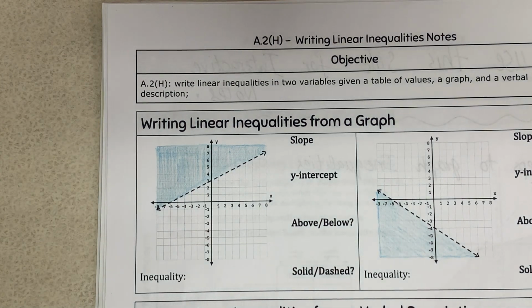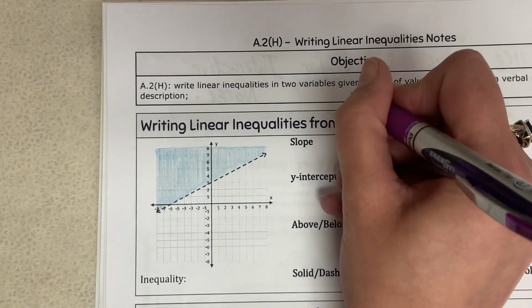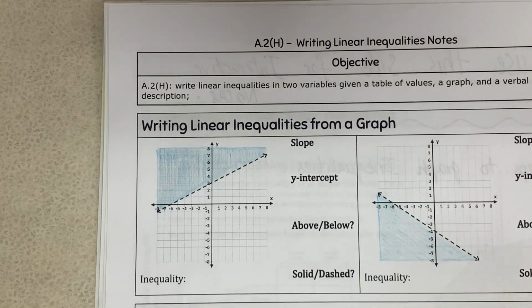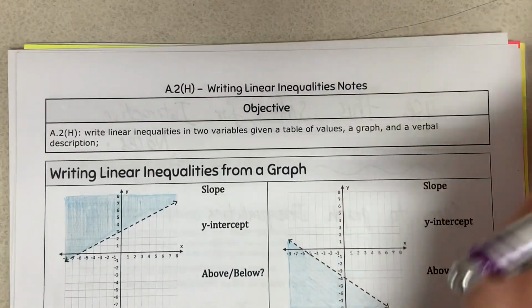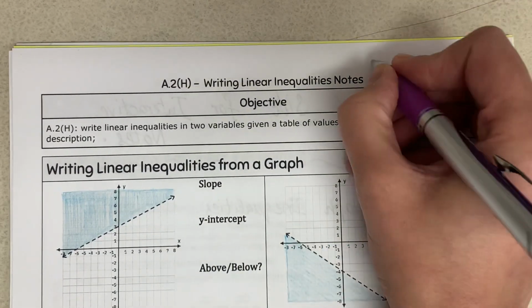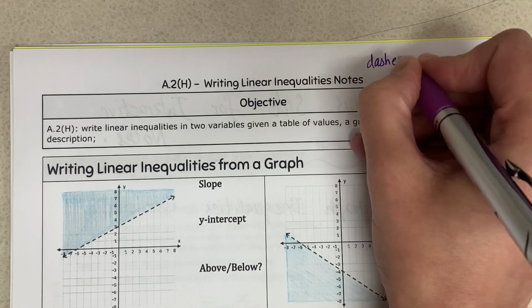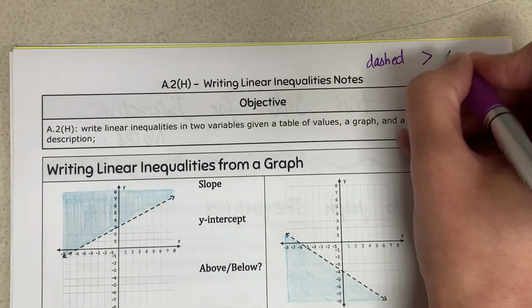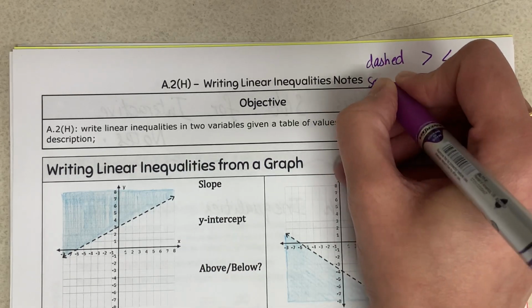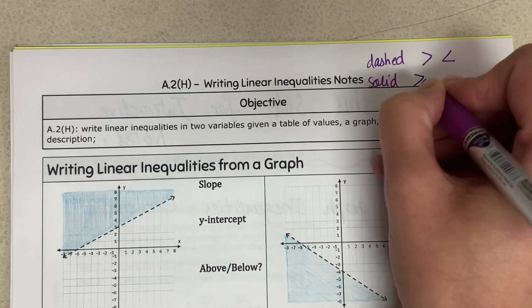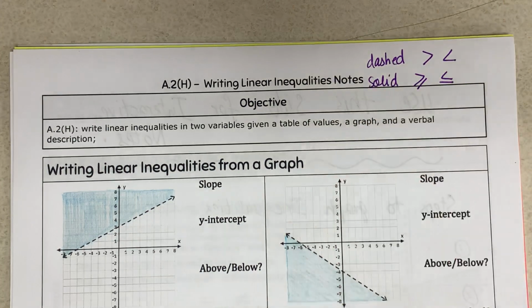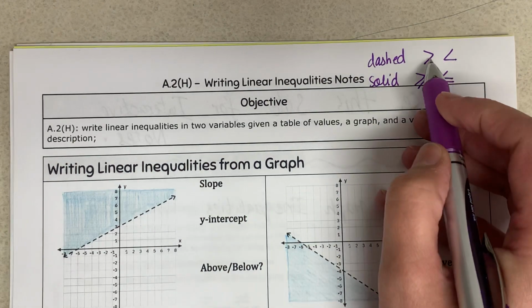You probably remember by now that I get to pick the inequality symbol from whatever line I have. If I have a dashed line, then I have greater or less. And if I have a solid line, then I have the one with the equal sign.